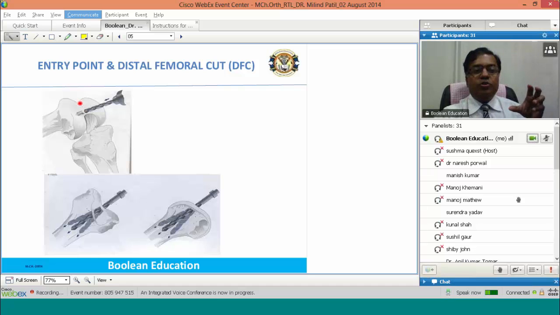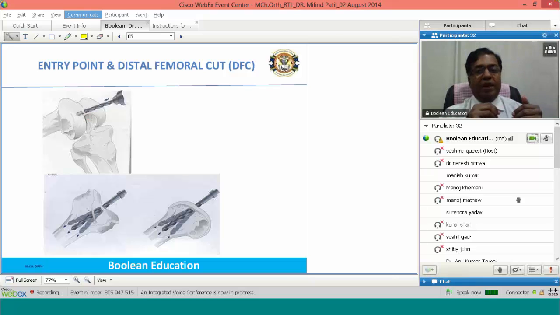There are osteophytes over here and there are osteophytes over here. So because of that, you may not get the exact point over there. So the best thing to do is to see an X-ray, AP and lateral, and find out what is the best entry point over there. Now, I'm spending a lot of time on entry point because it is important. Because once you get a good entry point and get a good axis, everything else is done by the jig.